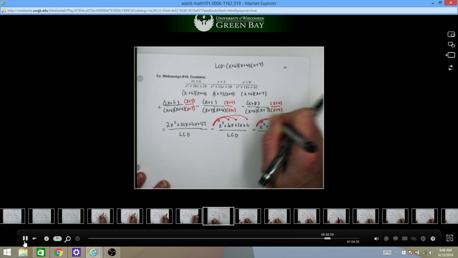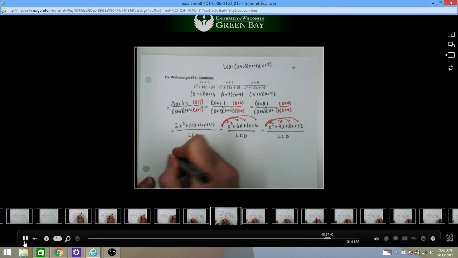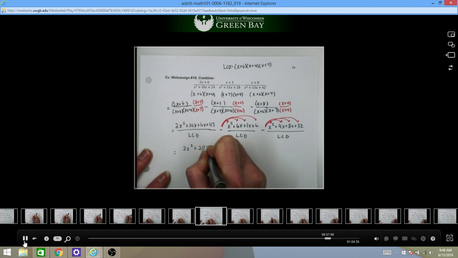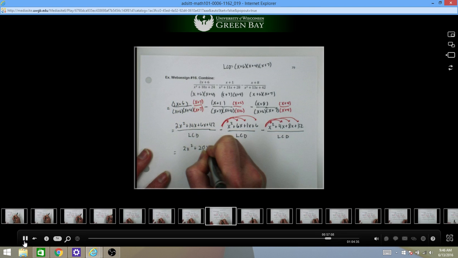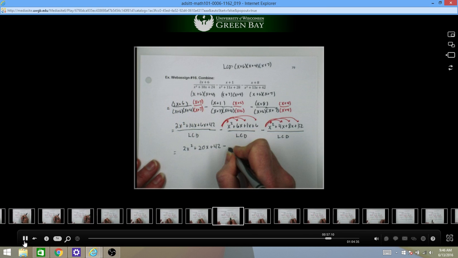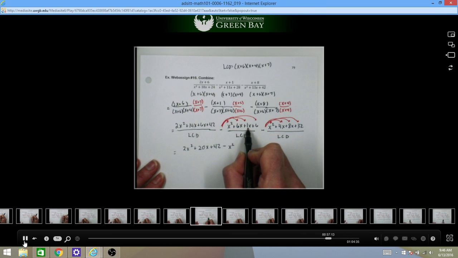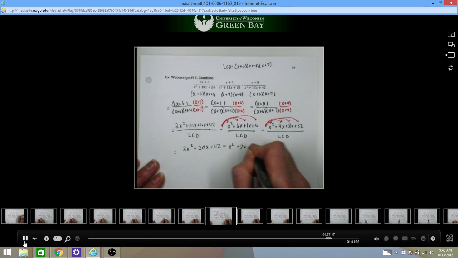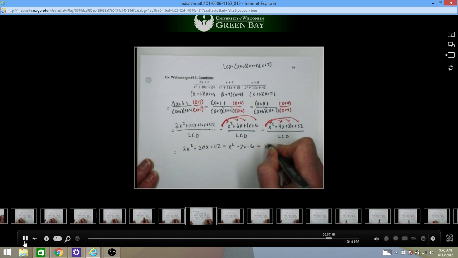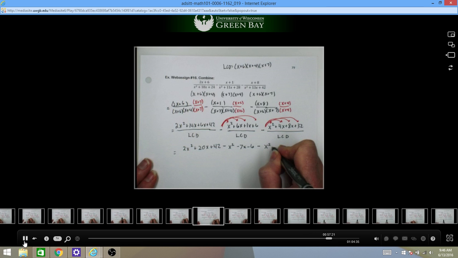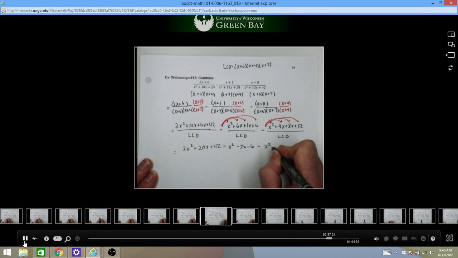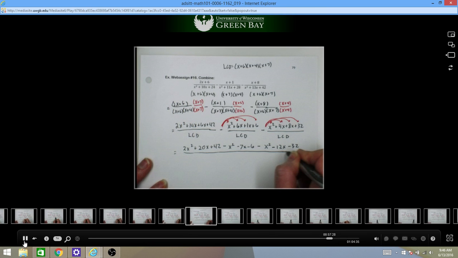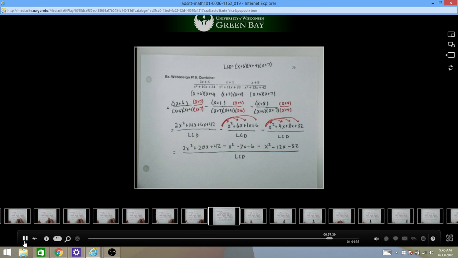We have the 2x squared plus, let's just add those up, 20x plus 42, and then distributing, so minus x squared, and then the 6x and 1x is 7x, so minus 7x, minus 6, and another minus x squared, and then 4x plus 8x is 12x, so minus 12x, minus 32. So all of those are being subtracted.